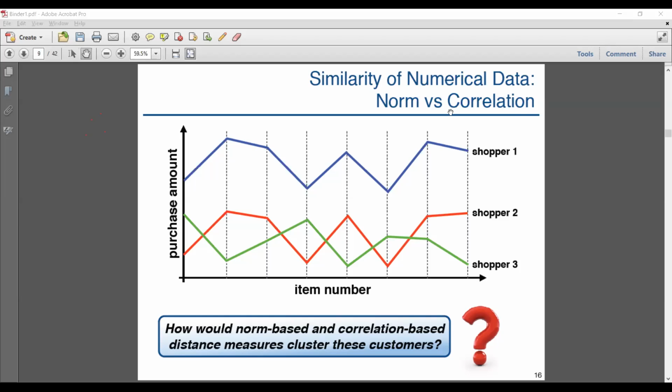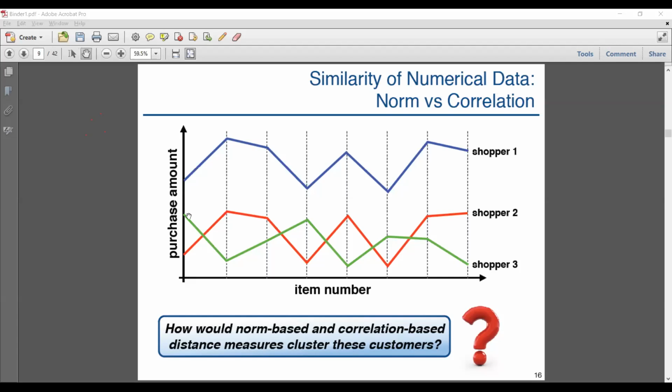Now, if you were to use the correlation based measure, ये आपको क्या बताएगा? ये आपको shopper one और shopper two को similar बताएगा because their trend is very similar, the pattern is very similar, right? But if you were to use the norm based measure, that is going to tell you that shopper two and shopper three are very similar. Why? Because इनकी purchase amounts are more closer.